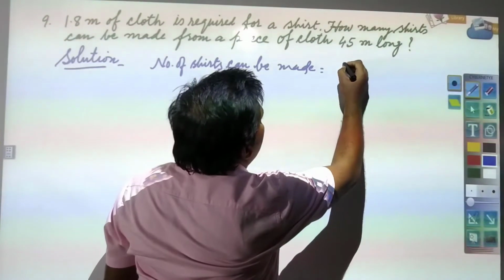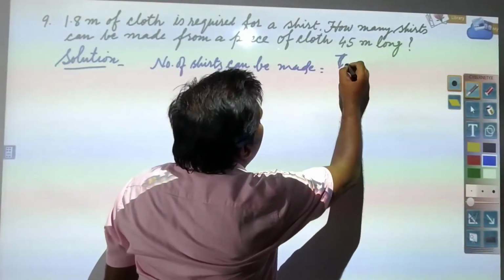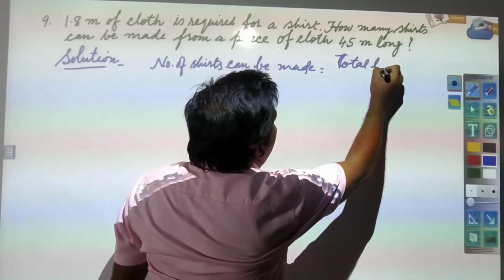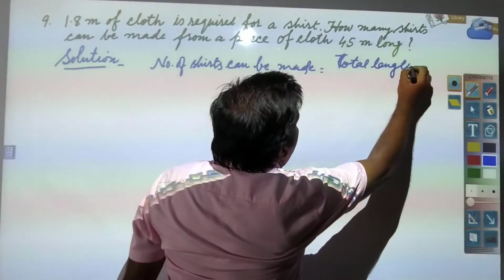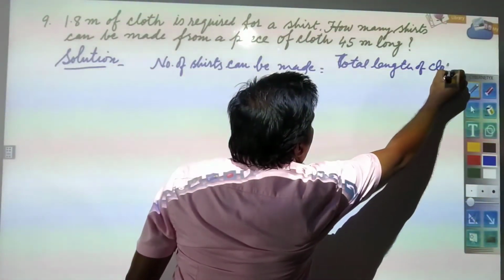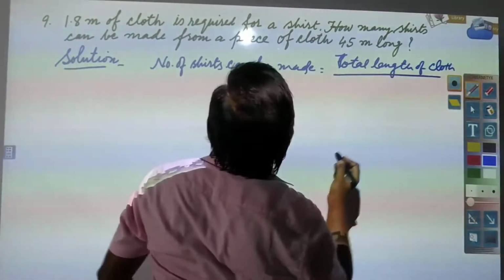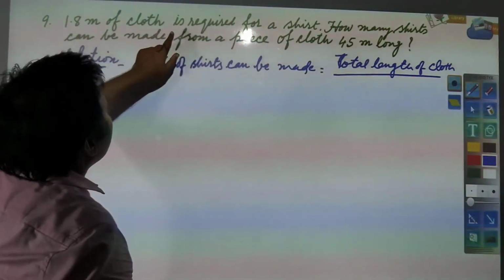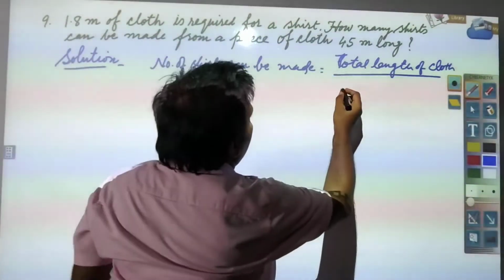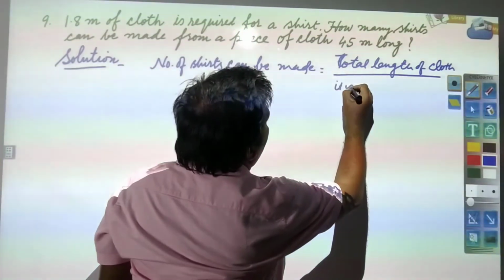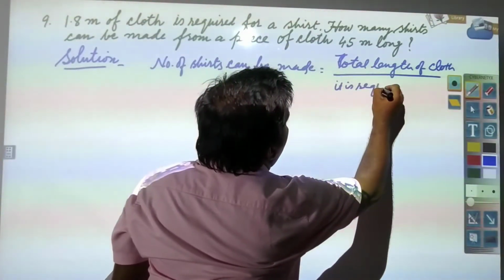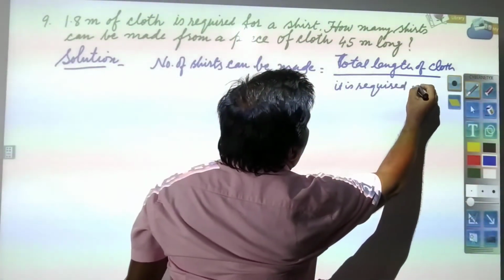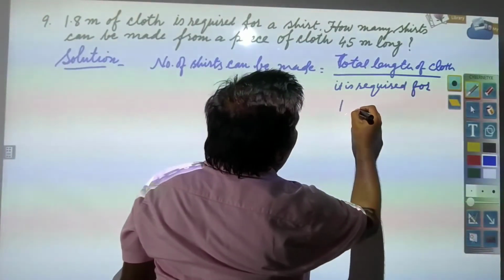So you can write the total length of cloth divided by how much is required for one shirt.